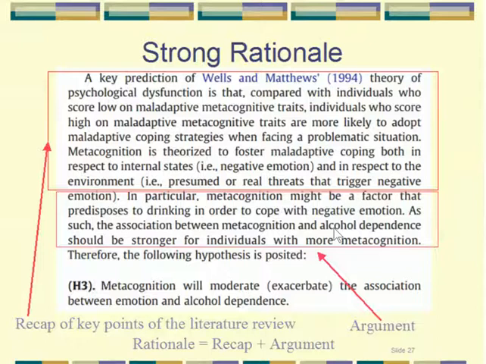So we have a formula here for a good or strong rationale. First, a recap plus the argument, followed by therefore, the following hypothesis is posited, and the hypothesis formulated using future tense and numbered. In this case, it was H3.